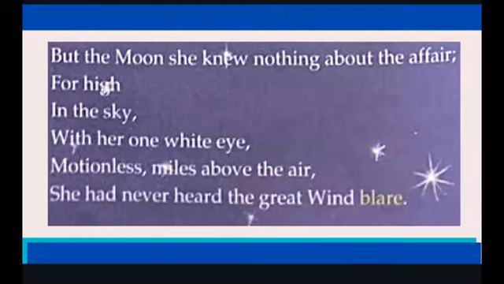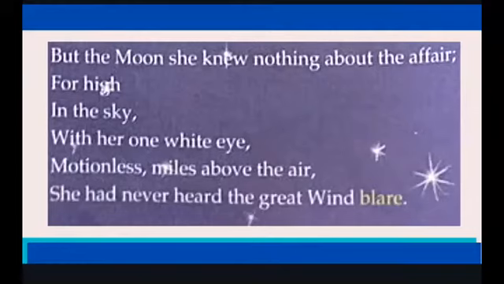So it's all following its own pattern, and it's not at all aware of what the wind is doing or trying to do, because the moon is high up above in the air. It's totally unaware of what the wind is thinking.